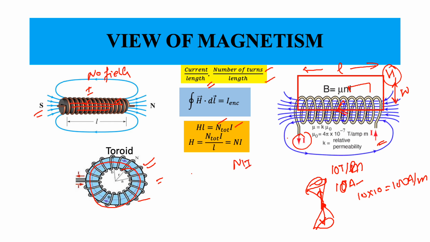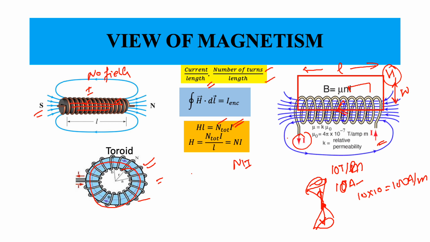Okay, so if you were to consider N as the total number of turns inside this one meter, then it would be Ni if you are considering 1 meter. So these are different ways of writing the same expression.